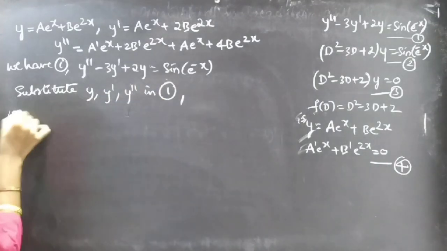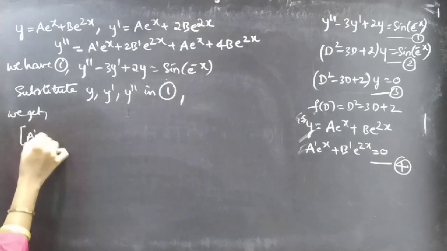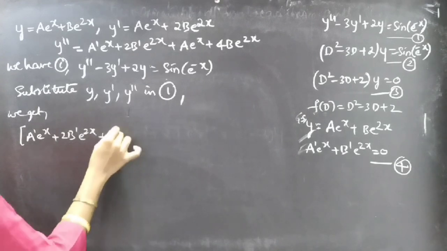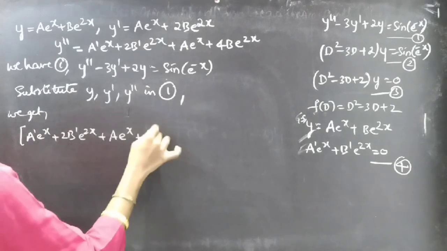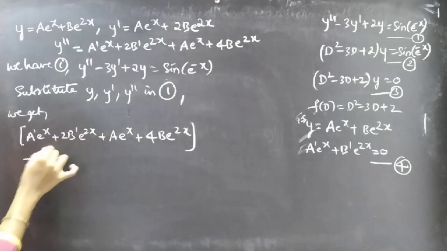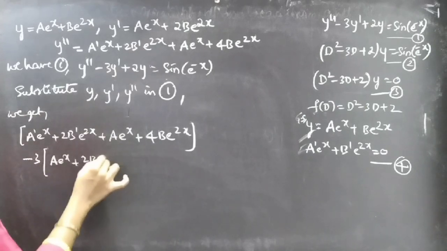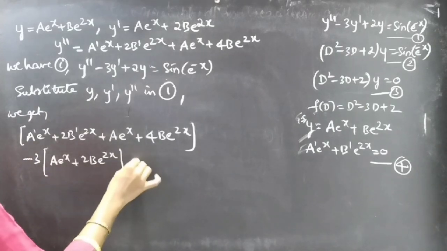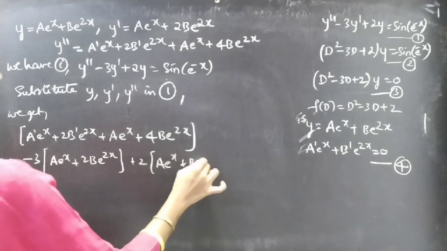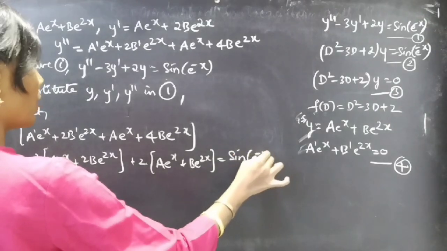We get a dash e power x plus 2b dash e power 2x plus a e power x plus 4b e power 2x, minus 3 into a e power x plus 2b e power 2x, plus 2 into a e power x plus b e power 2x, equal to sine e power minus x.